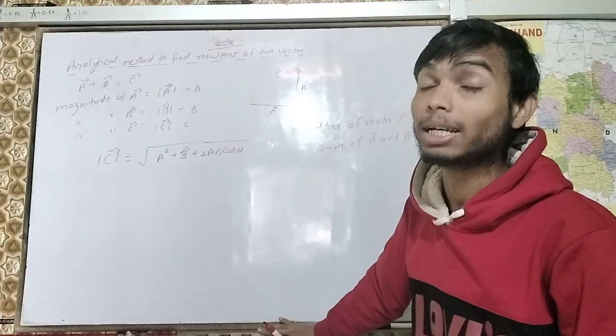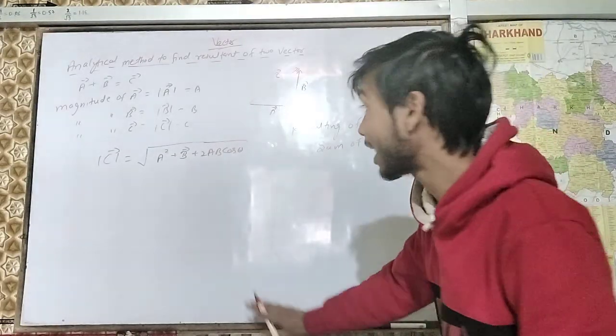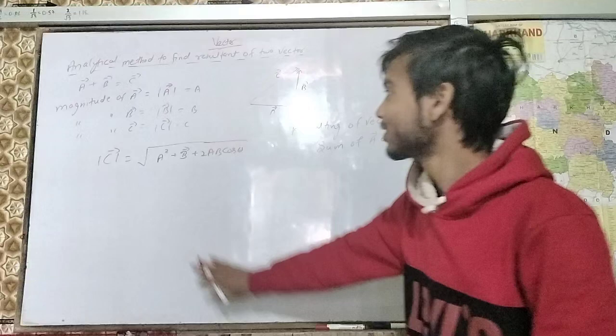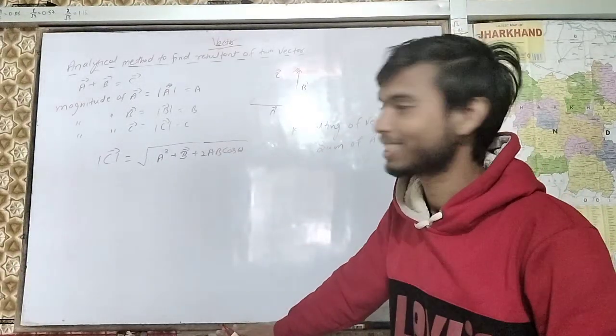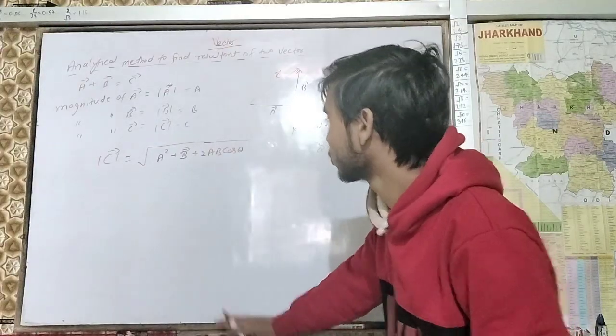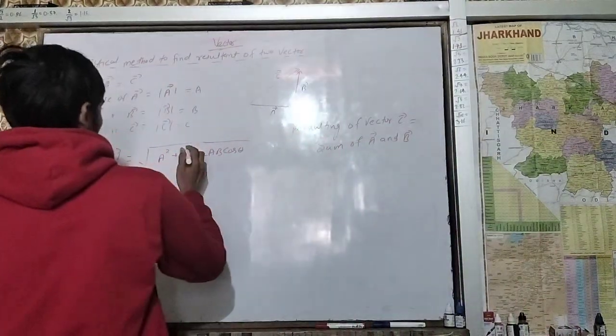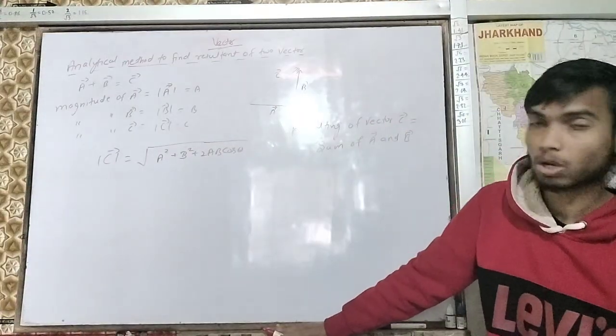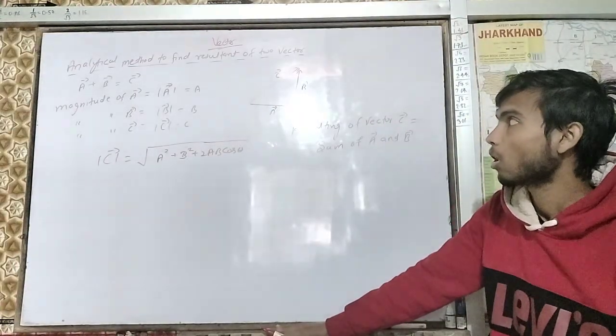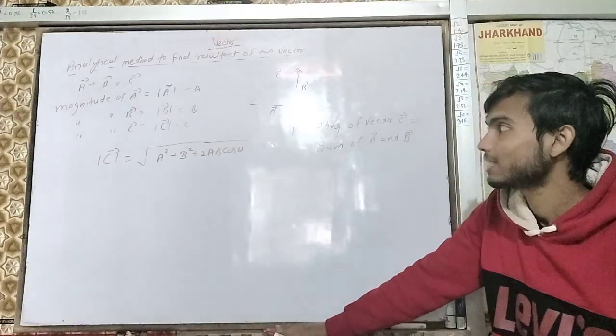To find any resulting vector mathematically, we will have to use this formula. So this is not a vector, this is magnitude. A square plus B square plus 2AB cos theta.